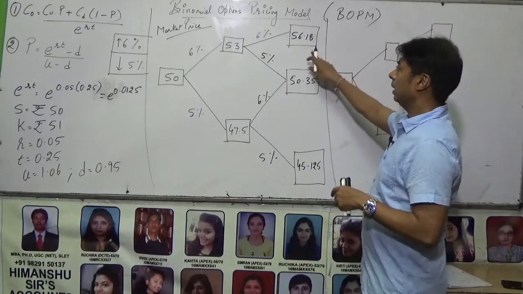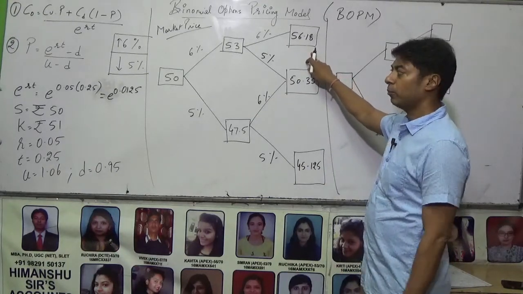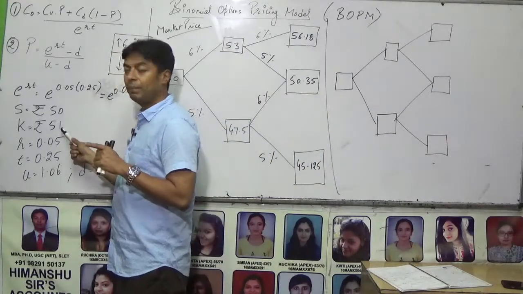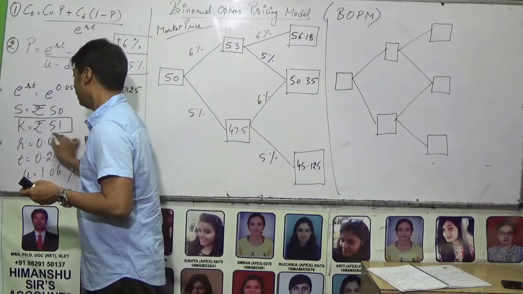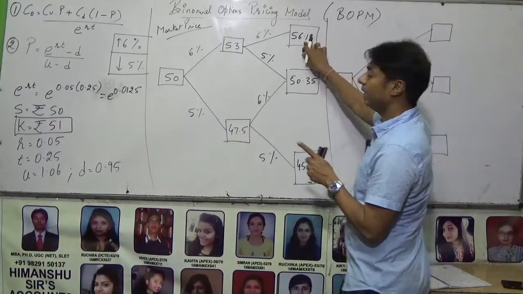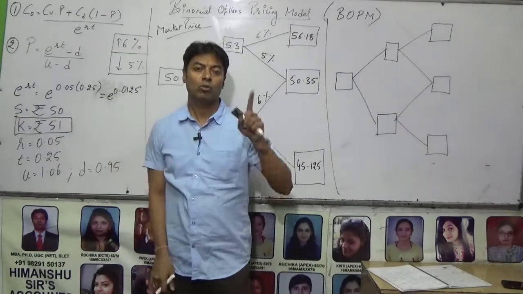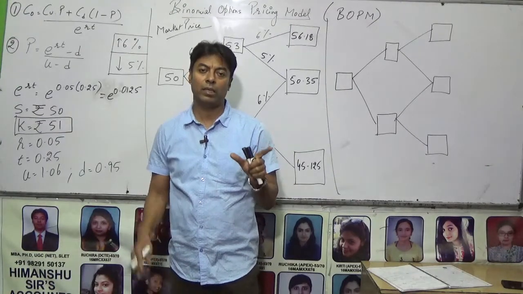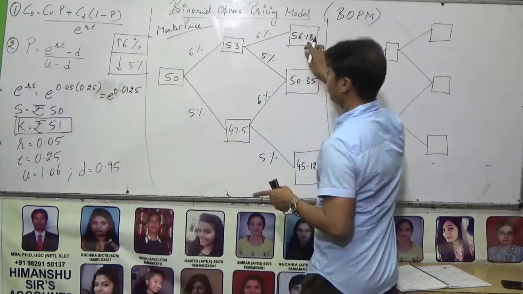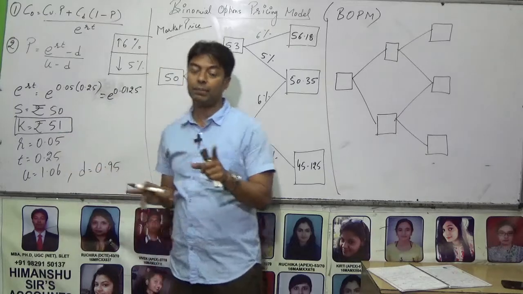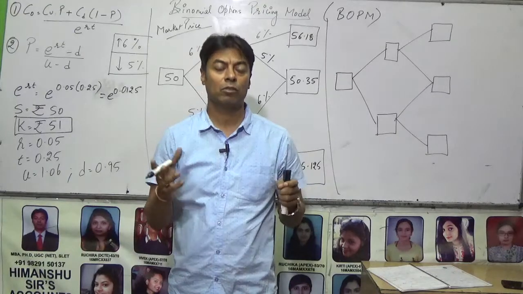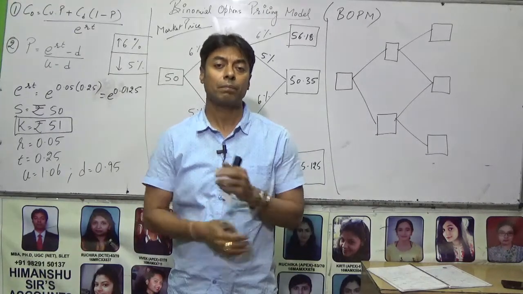Remember, the price in the last stage was 56.18. Now you have to see the strike price was 51. The price on which the contract is made is 51. Since the market price is greater than the strike price, it is a profitable situation for the call option holder or the call option buyer. Whenever the market price is greater than the strike price, the option is in the money.